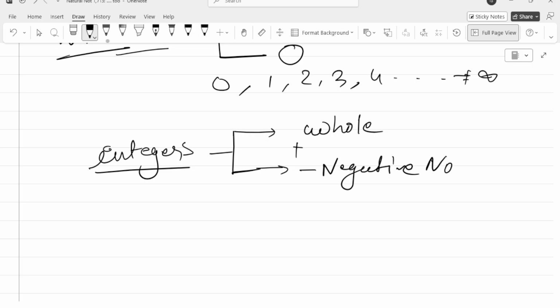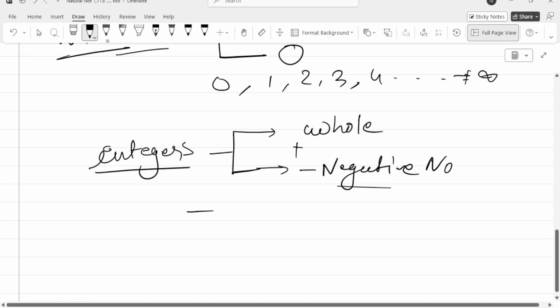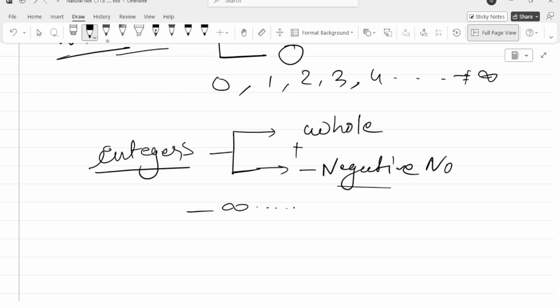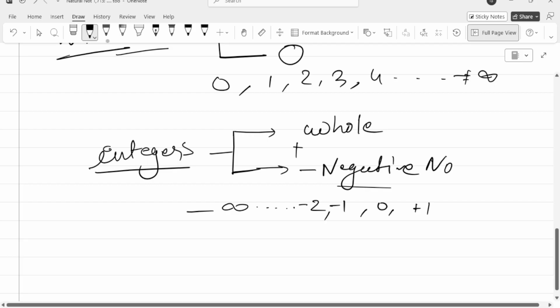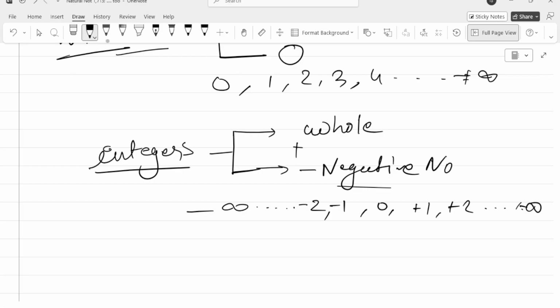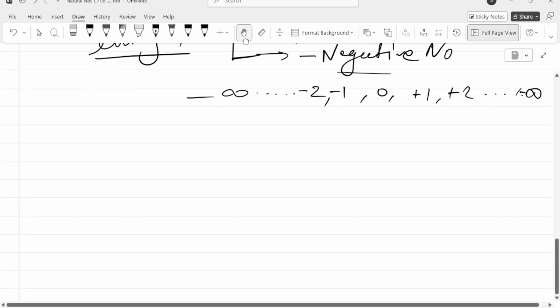Whole numbers means 0 with all natural numbers, and including negative numbers, that we call integers. For example, minus infinity, and so on. Always remember there is no fraction part. Minus 2, minus 1, 0, plus 1, plus 2, and so on up to plus infinity, that we call integers. Okay, integers are finished.